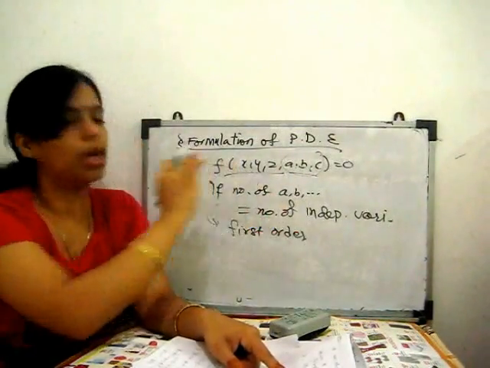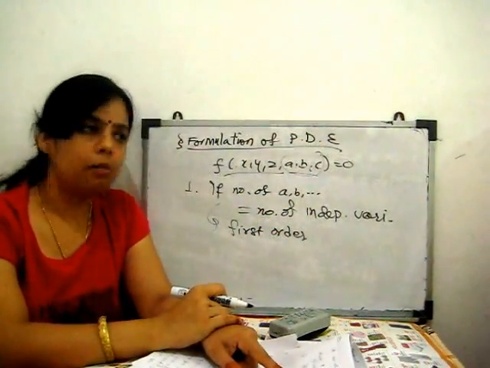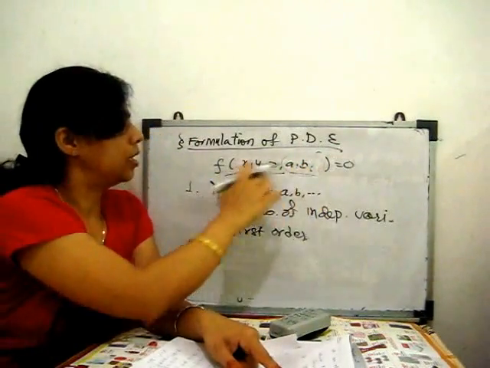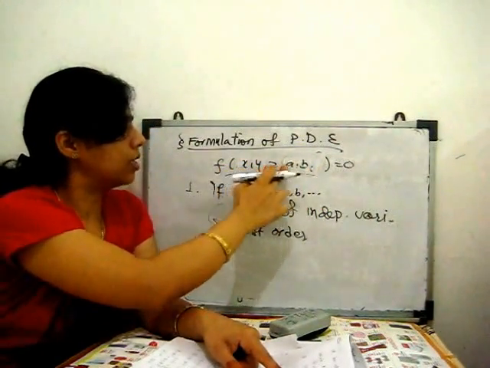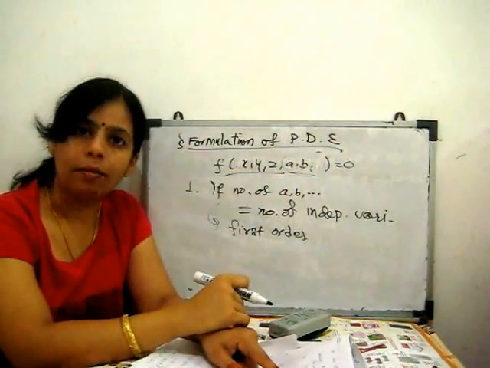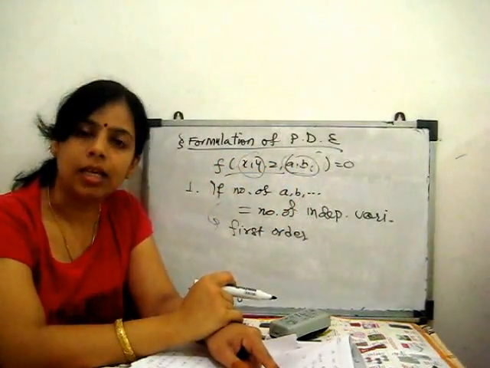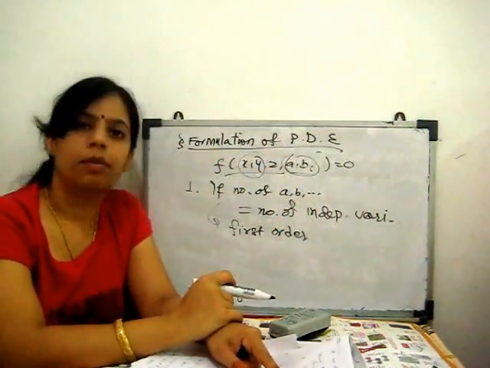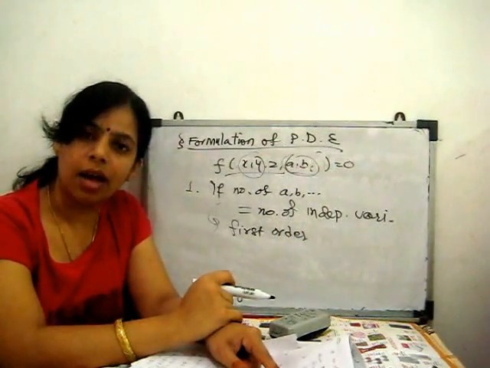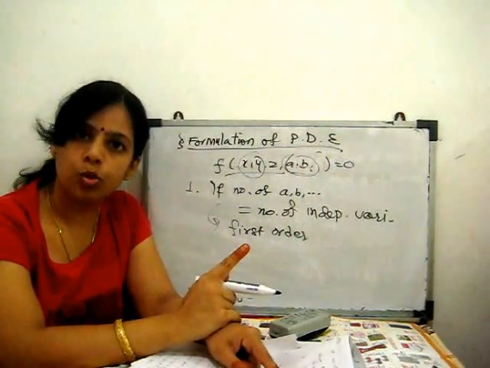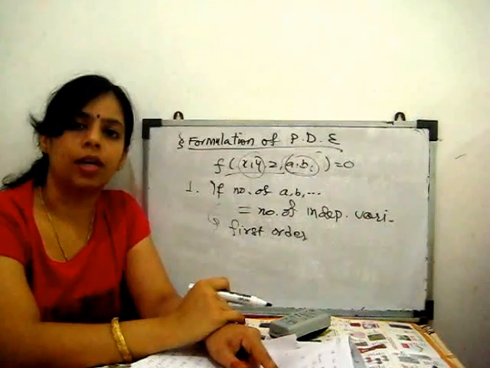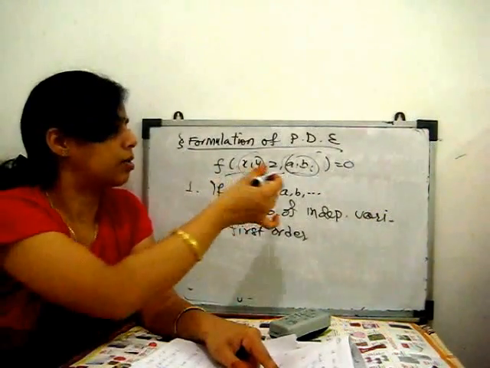Only one order we have to differentiate to find the partial differential equation. Like this, if our function is f(x, y, z, a, b), two arbitrary constants and two independent variables, then we find del z by del x and del z by del y, and with the help of these two equations we can formulate it.